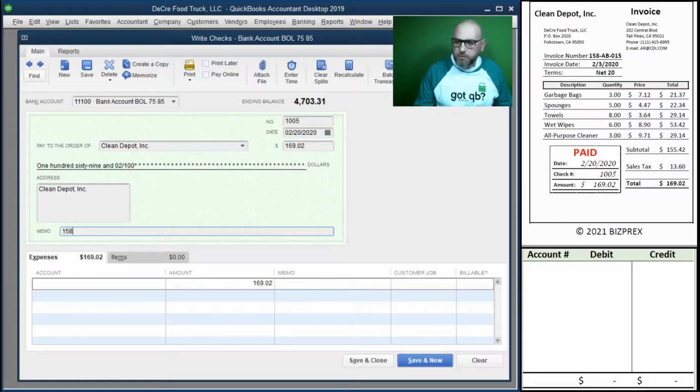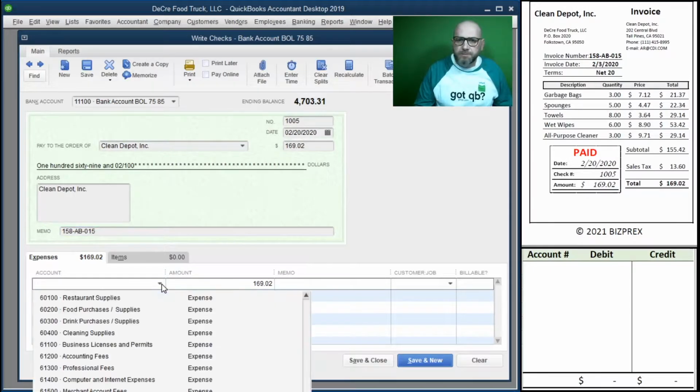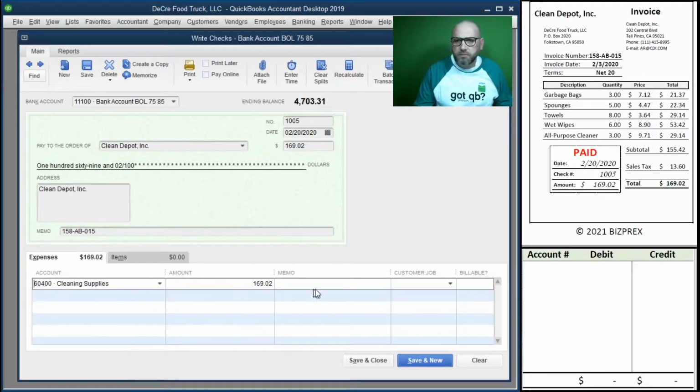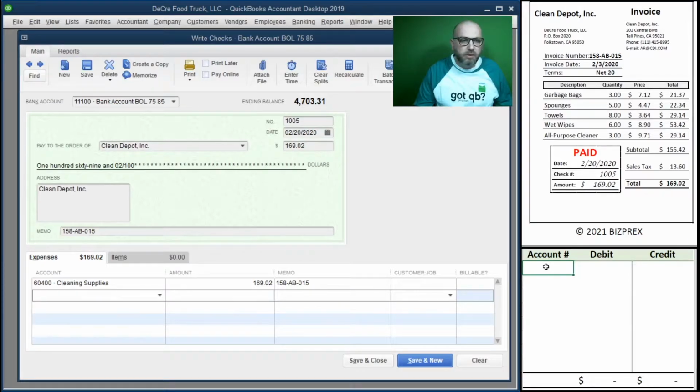Again, we're going to use our invoice number as our reference. So what do we have here? Again, this sounds like cleaning supplies. Continue. Again, what's going on behind? Well, now we're paying with our check, right? So the money is going to be leaving our bank account.